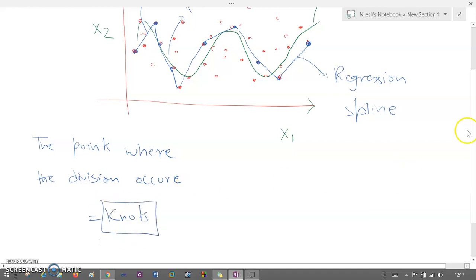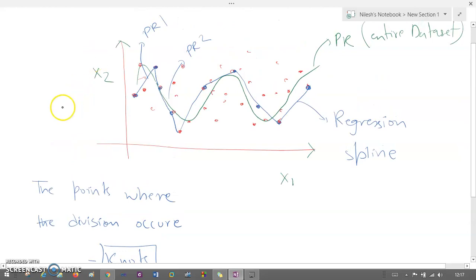So the points inside the polynomial regression as well as on the regression spline, this point could be a node, this point could be a node, maybe if there is a point here, this could also be a node. So these points are dividing the polynomial regression as well as the regression spline. So these are known as nodes.